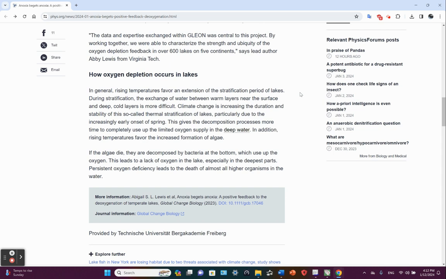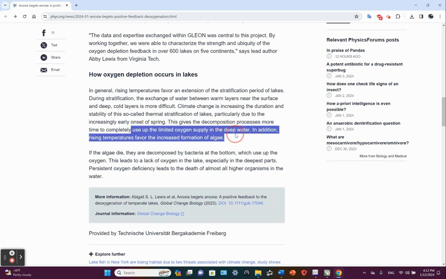So climate change is increasing the duration and stability of the thermal stratification of lakes, particularly due to the increasingly early onset of spring. This gives the decomposition processes more time to completely use up the limited oxygen supply in the deep water.